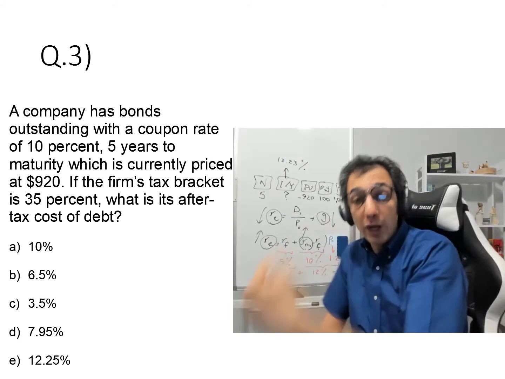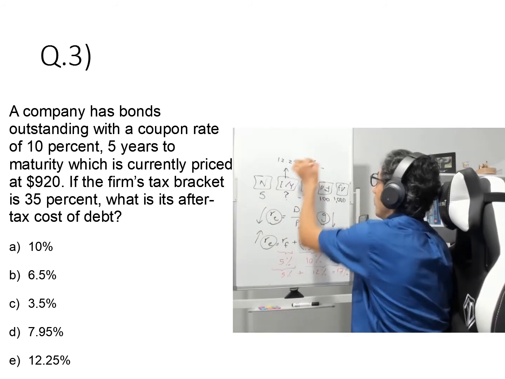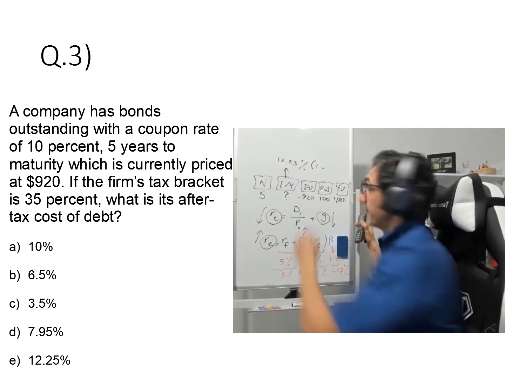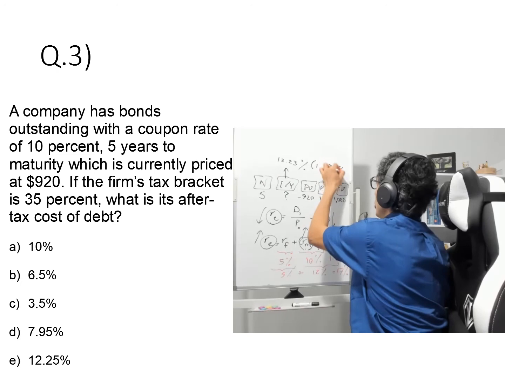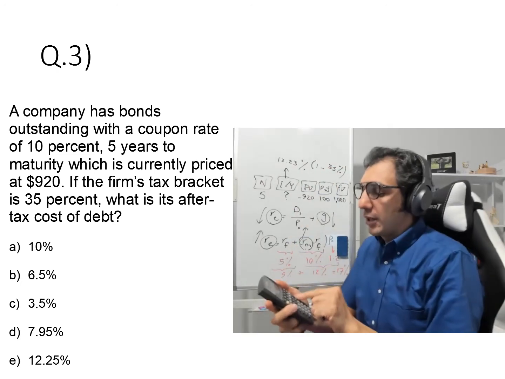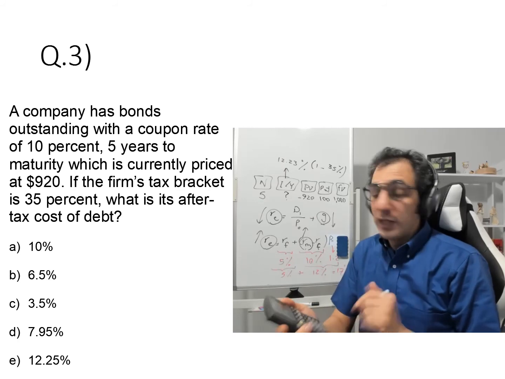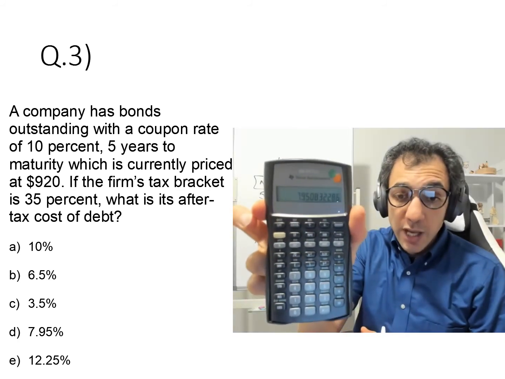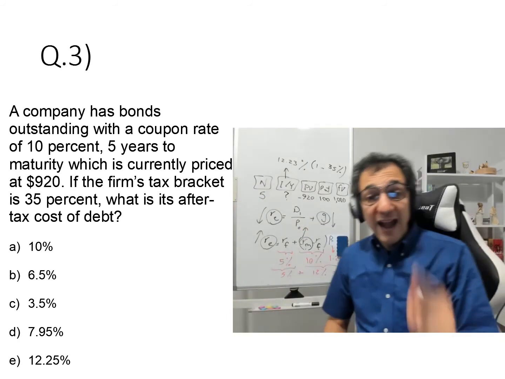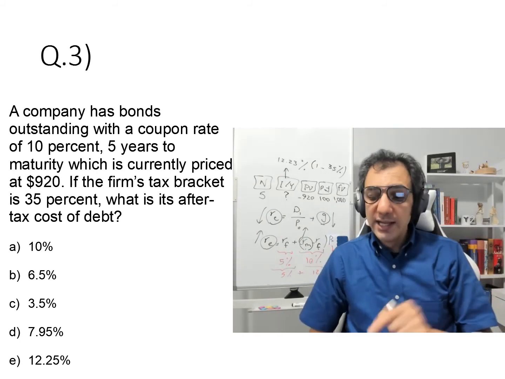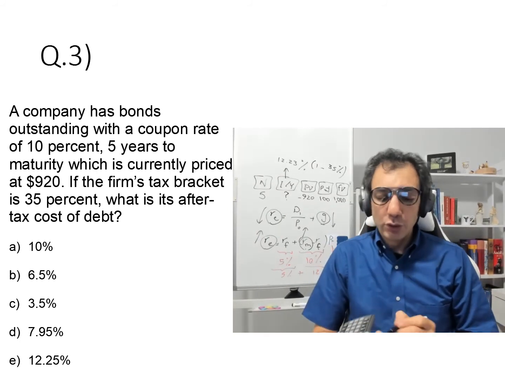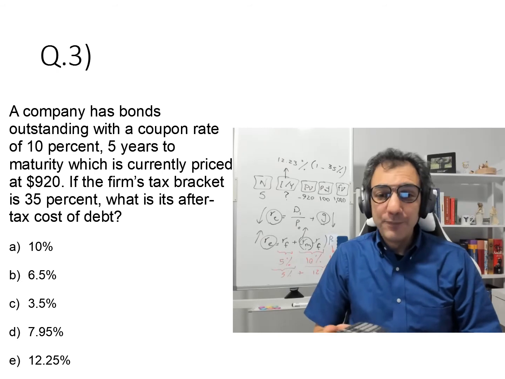So you have to multiply the number you calculated by 1 minus tax rate, which is 35%. So in other words, I'm multiplying the rate I calculated by 0.65. So the number I'm getting here is 7.95%. So your after-tax cost of debt should be 7.95%. So the correct answer should be D.